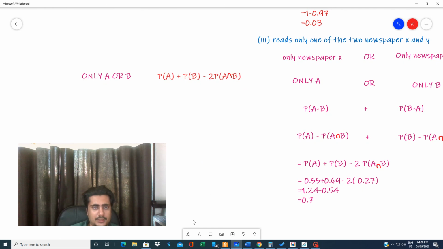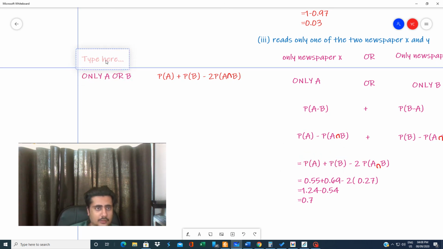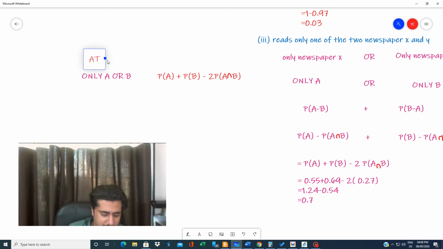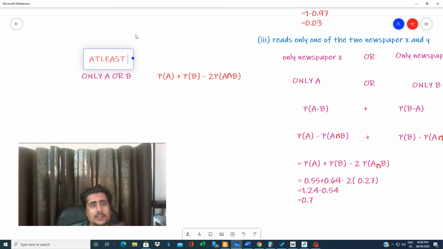But if you are asked a question like this, see, I'm teaching you on every particular possibility. If you are asked a question like this, at least A or B. Now only A or B, and at least A or B have a difference. Now what is this at least A or B?